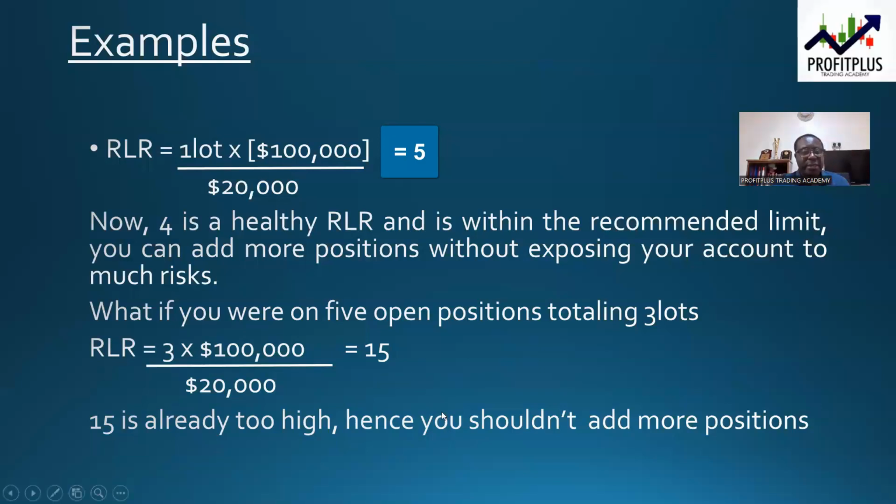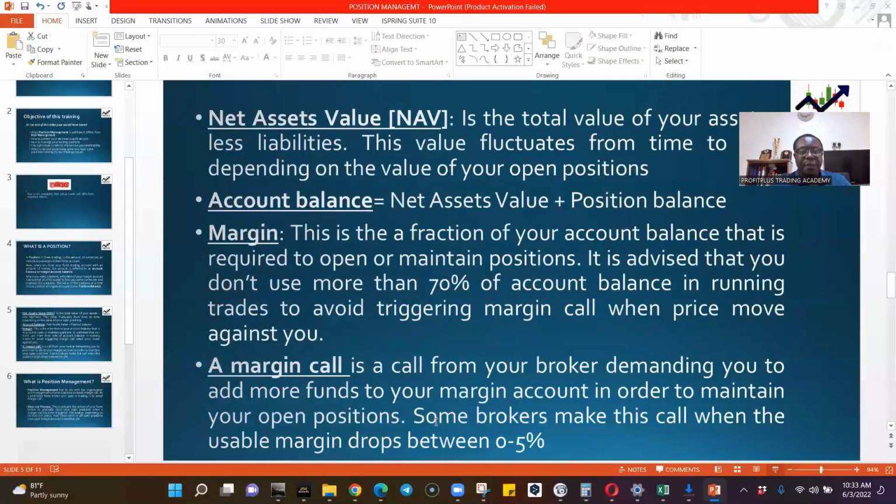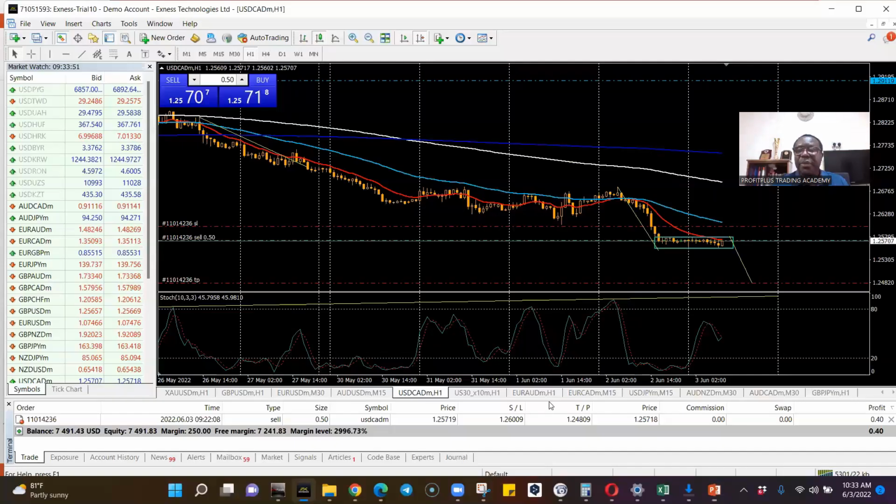And let's look at this. What's the account that we previously opened? We are running on a lot size of 0.5, and the total balance is $7,491. I want to find out whether we can add more positions to this one position that we are already running.